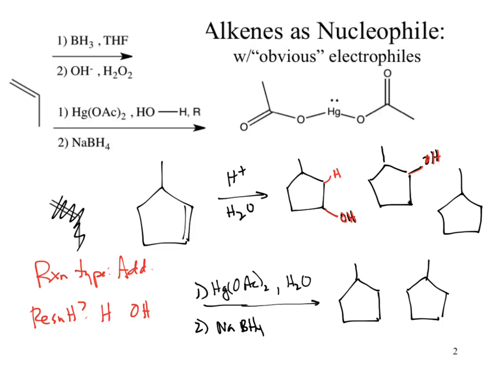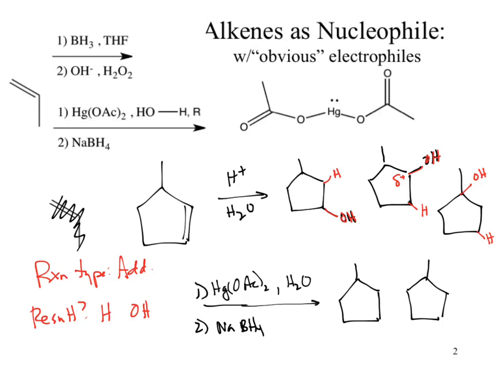But if we formed our intermediate with the carbocation up at that secondary position, what can happen? A rearrangement, and we'd end up with that as our result. Our hydrogen and our OH added across those positions.